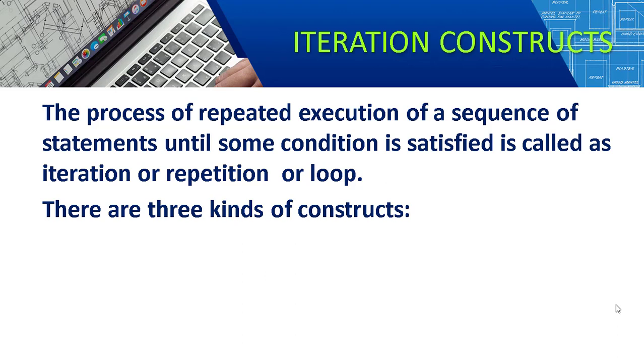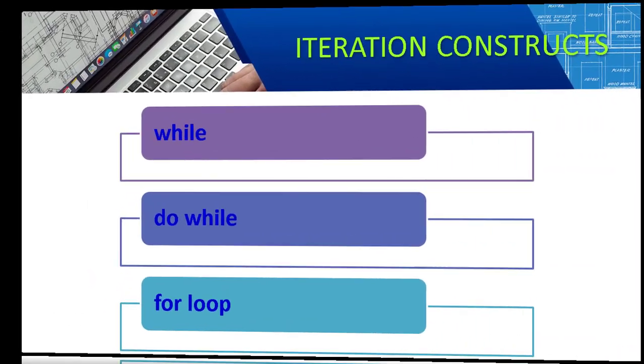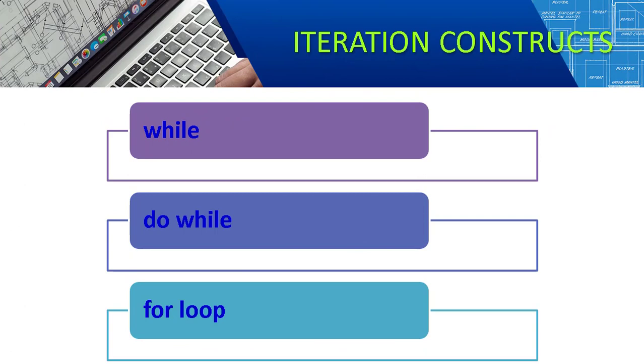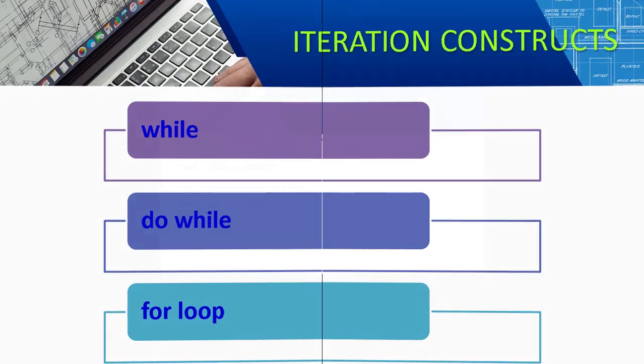There are 3 kinds of iteration constructs: while loop, do while loop and for loop. While, do while and for are the different types of constructs. These iteration constructs we will be studying in the chapter on control statements.